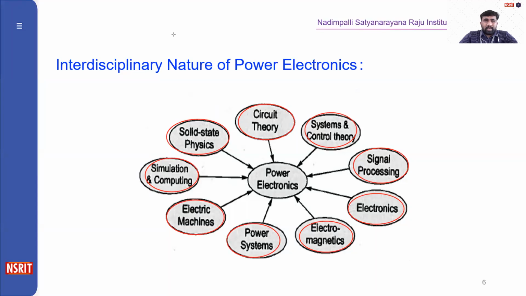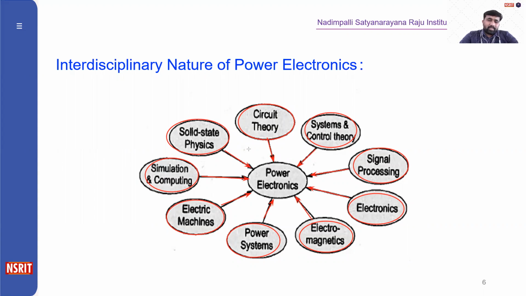So you have to go through these subjects, so that the fundamentals come from these subjects to understand power electronics. And also we can say that power electronics is an interdisciplinary subject.